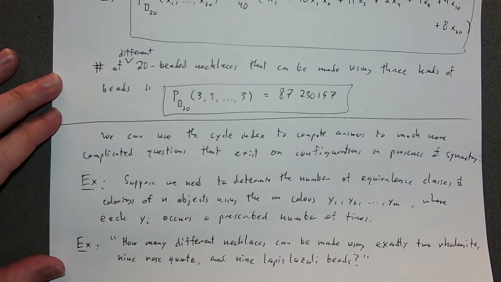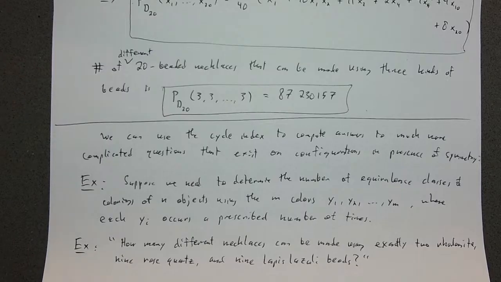So notice that this is a more complicated consideration than what we dealt with previously. But at the same time, maybe you have some intuition that tells you that this should somehow be related to this stuff that we've been doing. Maybe somehow the cycle index can still be used to deal with this.